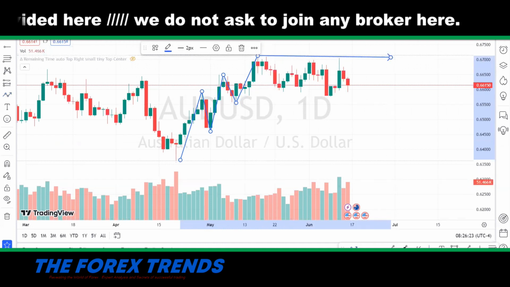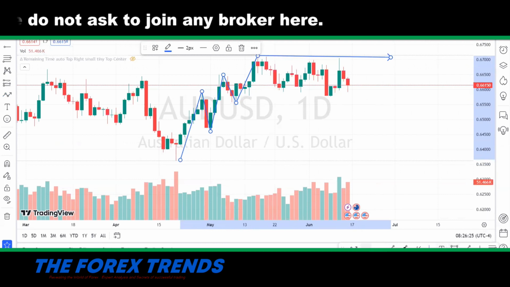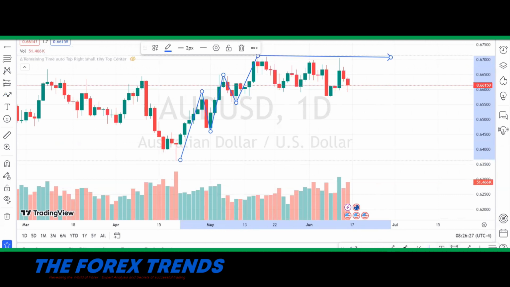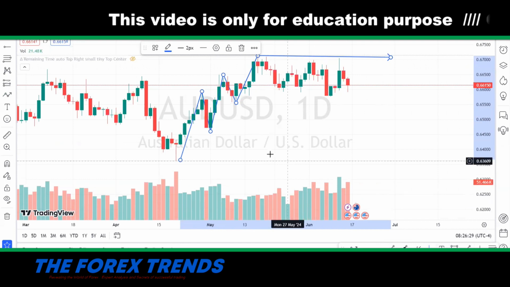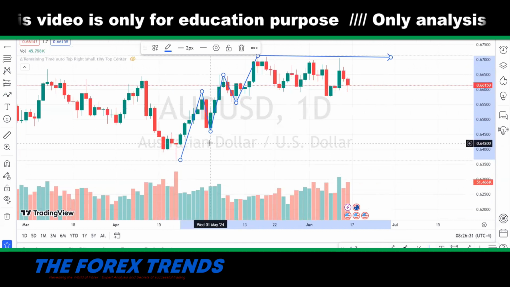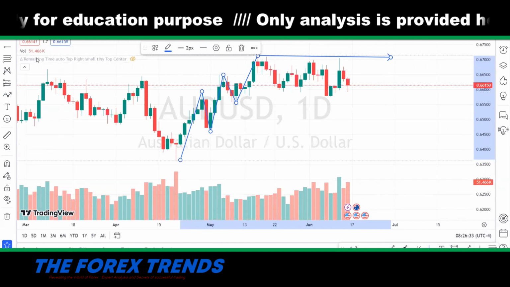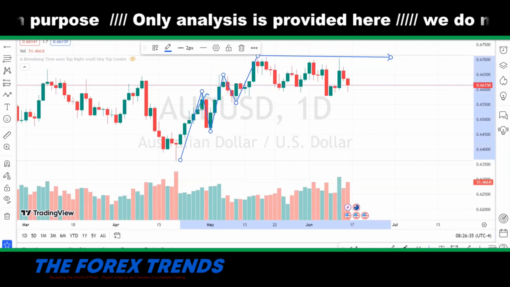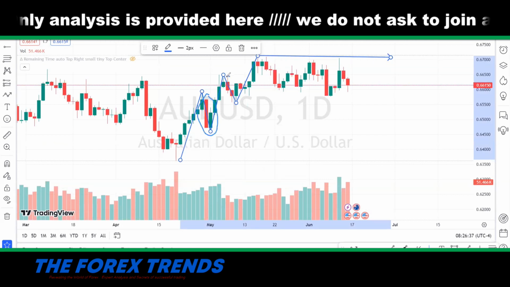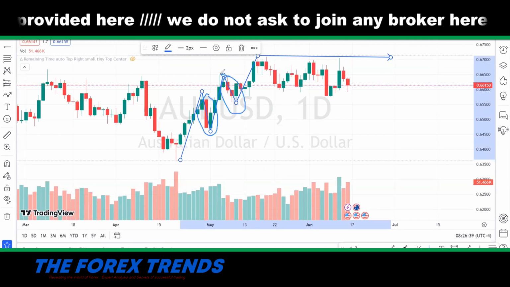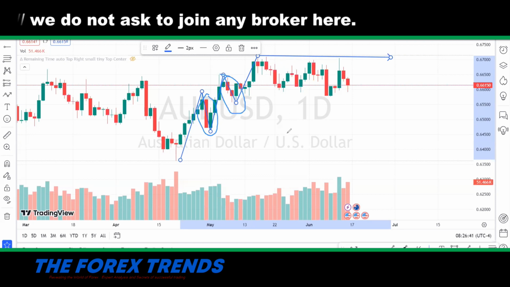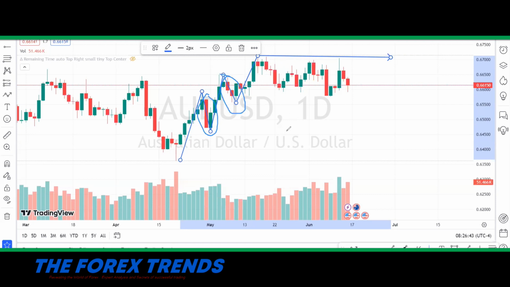But there are certain rules for corrections. Whenever the market creates impulse and corrections, there are certain rules for marking the correction position. Why do I mark this position as correction? There are certain rules. I will discuss it another day.